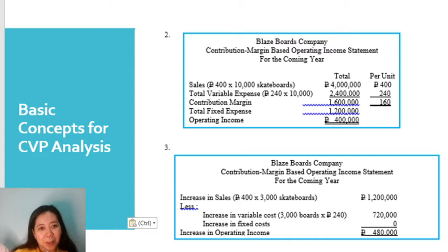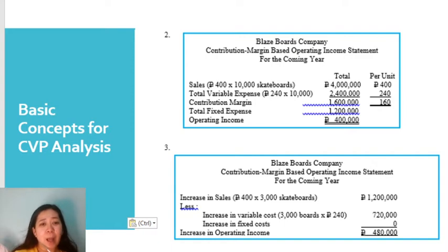Okay, so going back to the solution, the effect of the increase in the number of units sold and produced will be to increase our operating income by 480,000.